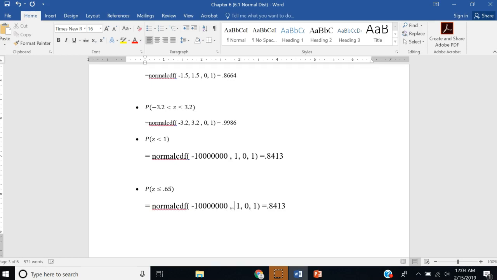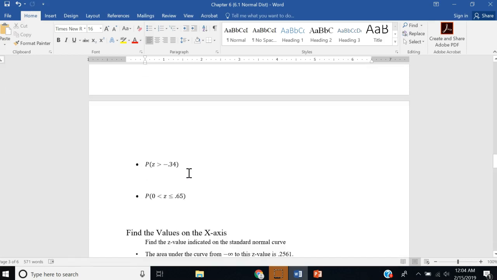My upper bound is going to be 0.65. My mean and standard deviation are still 0 and 1. Now, when I put that into my calculator, what I got is 0.7422. Again, that's rounded to 4 decimal places. Remember, all probabilities are going to be rounded to 4 decimal places. So that's the normal CDF.